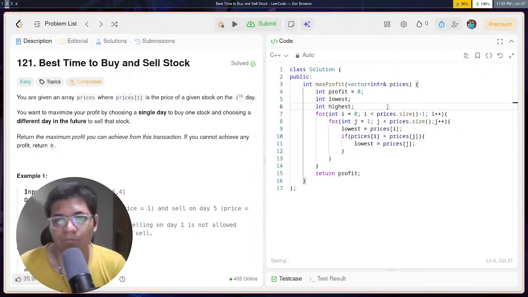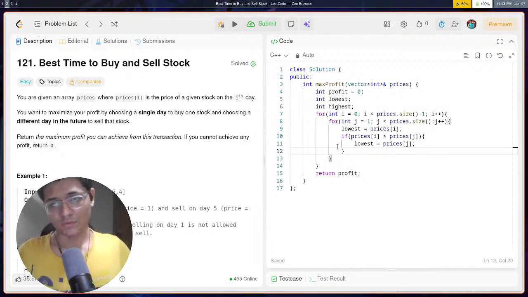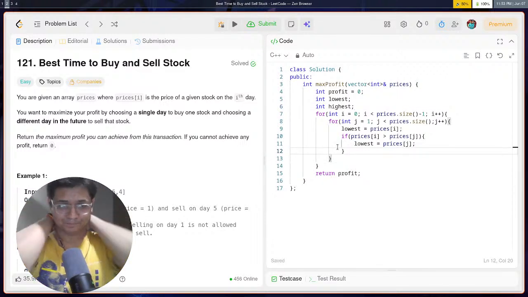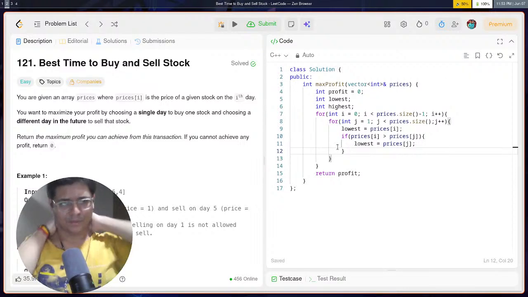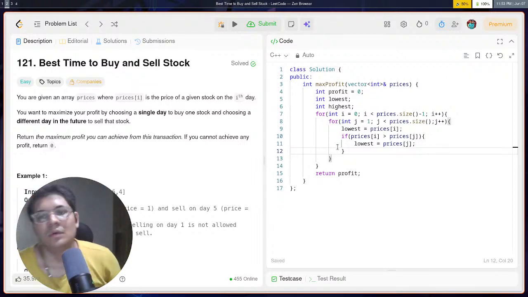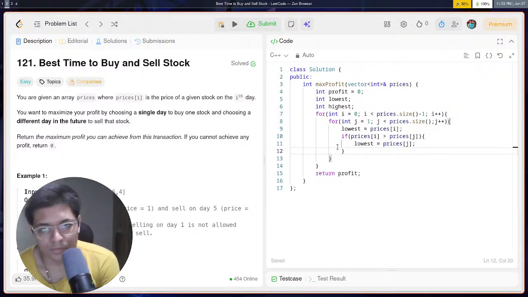Let us take another variable, int highest, which will store the highest value of the array vector. Lowest is equal to price. We get the price of the lowest. We have to get the price of the highest.